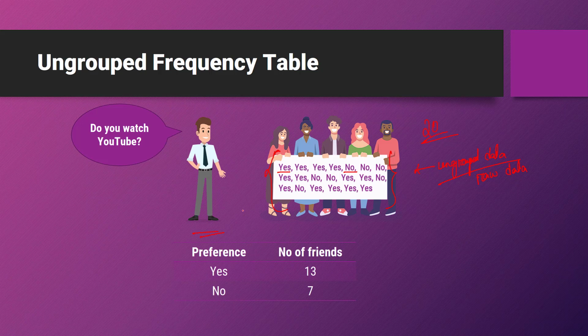Now if the enumerator prefers to classify them according to their preference, how many people reported they watch YouTube, how many reported they don't watch YouTube, right?